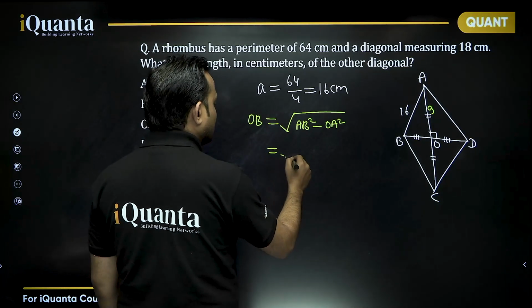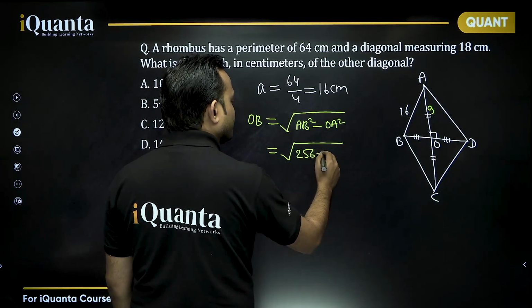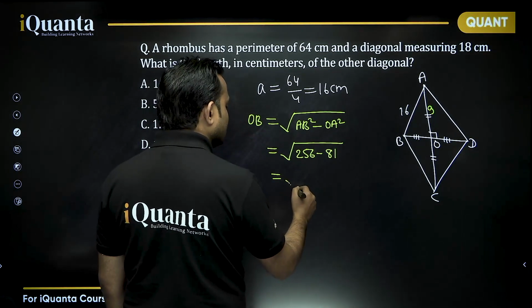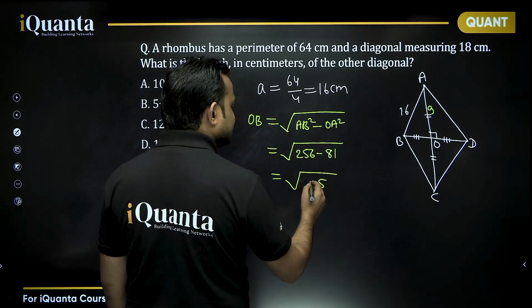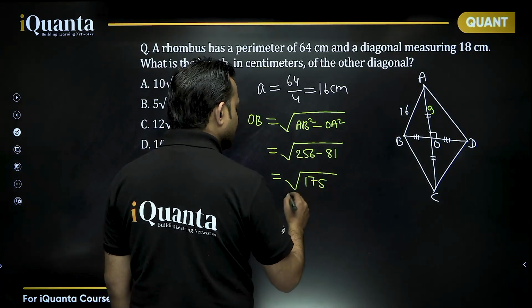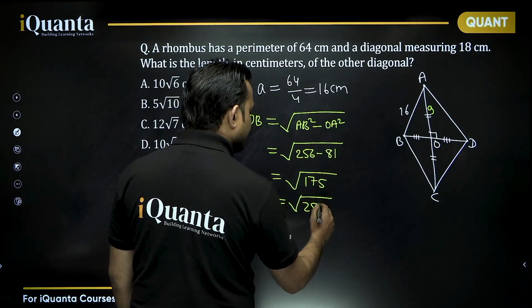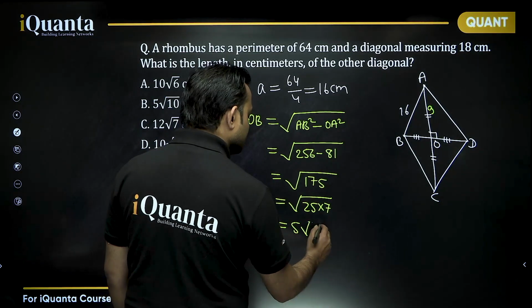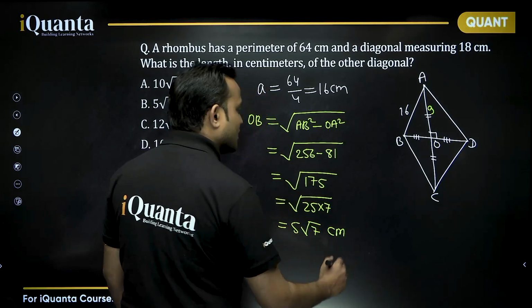This is equal to the square root of 16 square, which is 256, minus OA square, which is 9 square, is 81. This gives us 175, which we can write as 25 into 7. The square root of 25 is 5. So 5 root 7 centimeters. This will be the length of OB.